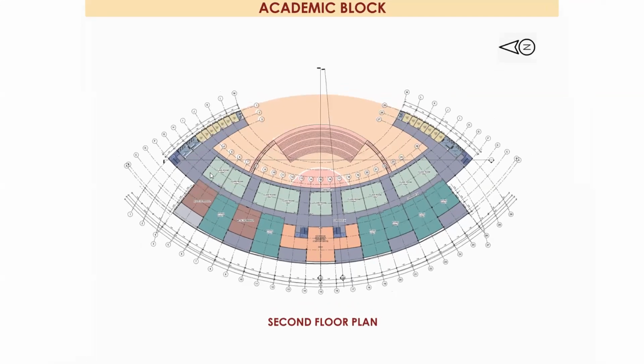And here on the inner side, I have provided the classrooms, and the classrooms are open on two of their sides with full windows to have proper sunlight and air ventilation within the classrooms.